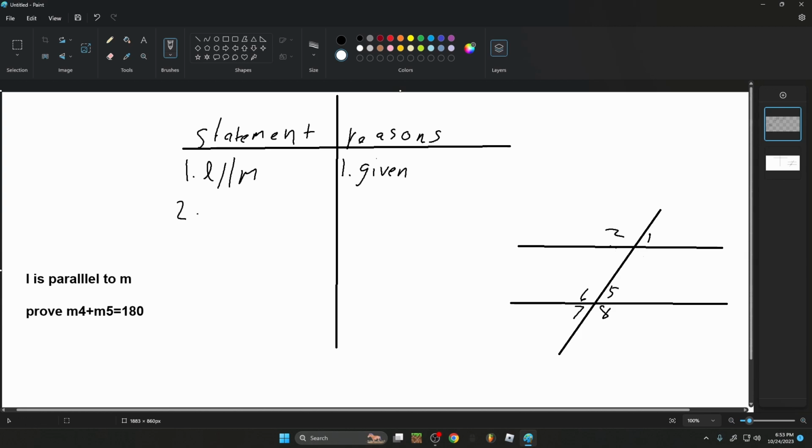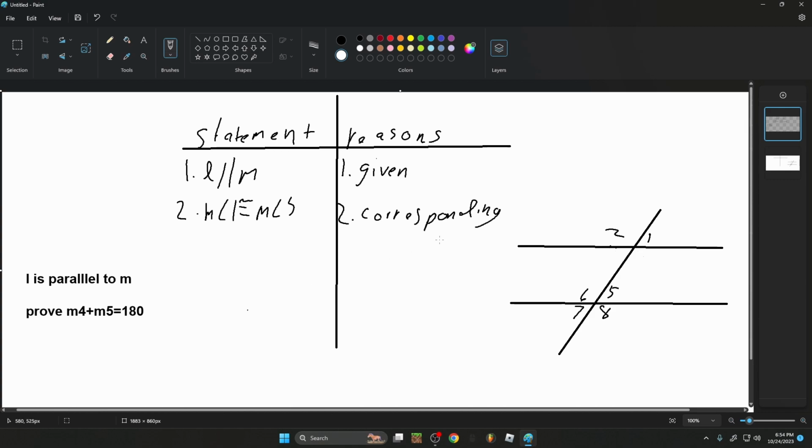So for statement 2, we see here that 1 and 5 are corresponding angles. So we could put m angle 1 is congruent to m angle 5. The reason is corresponding angles.